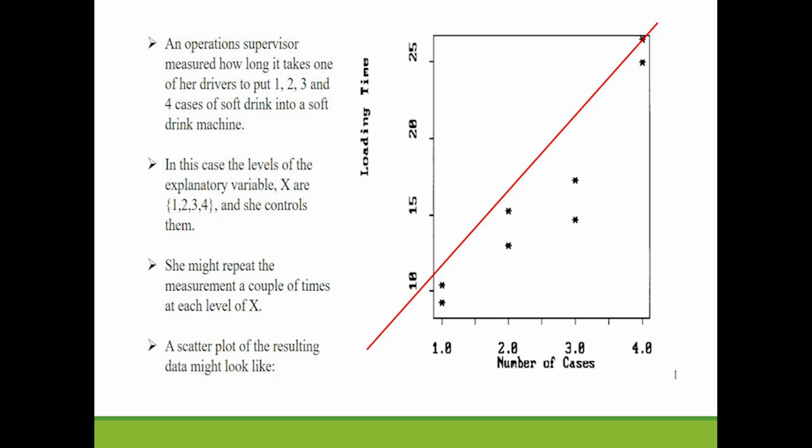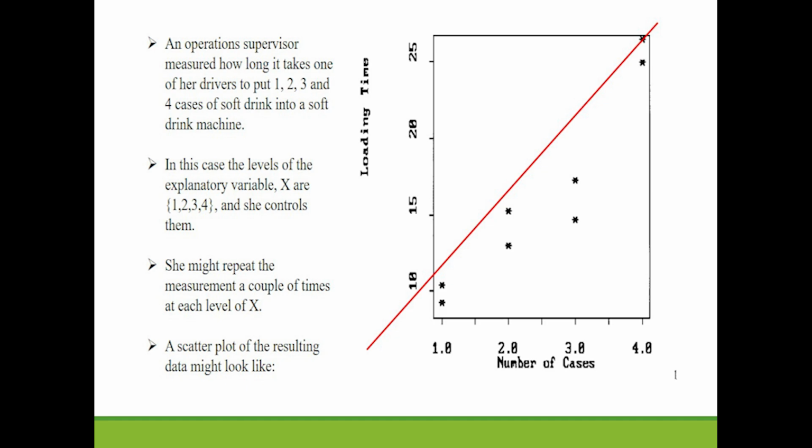So, for example, say an operations supervisor is measuring how long it takes for one of the drivers to put 1, 2, 3, 4 cases of soft drink into a soft drink vending machine. In this case, the explanatory variable is the number of cases of soft drink, and how she is controlling those cases in order to fill that particular vending machine.